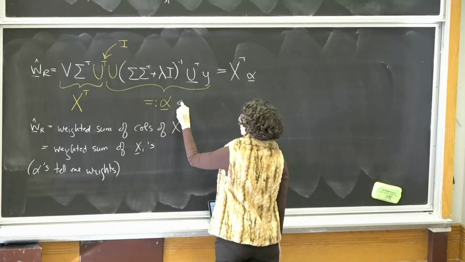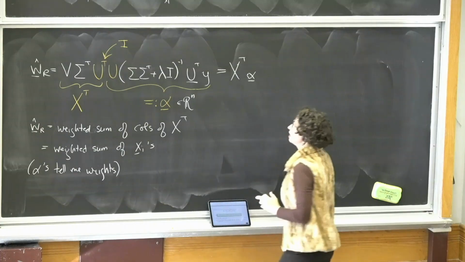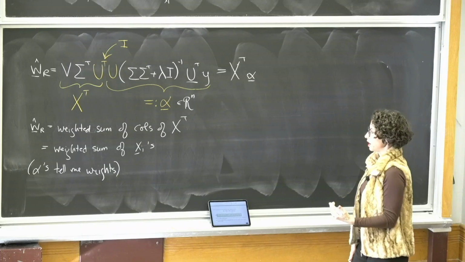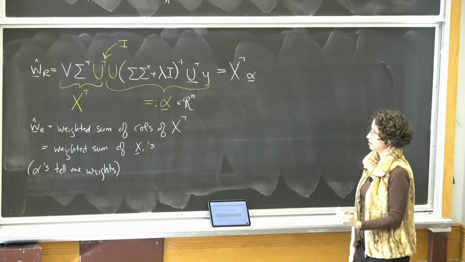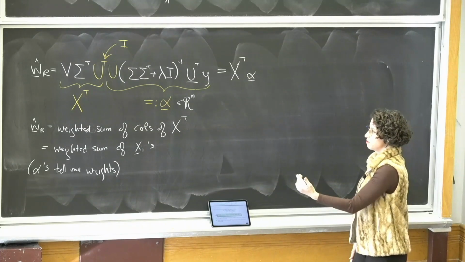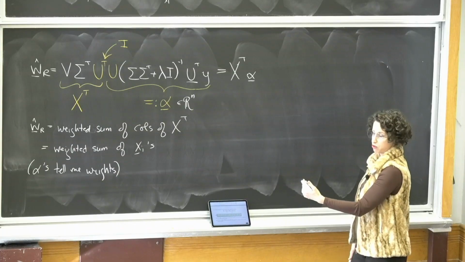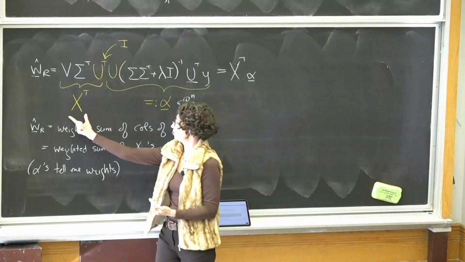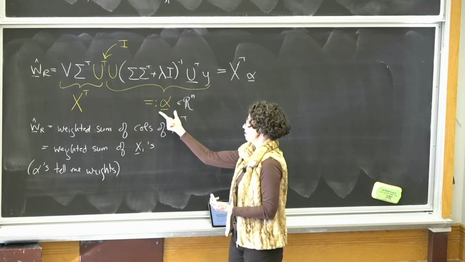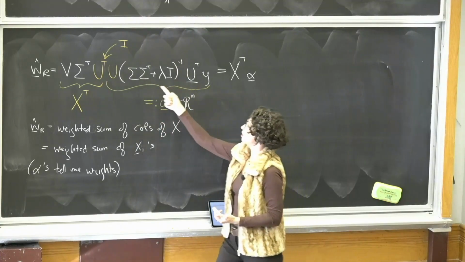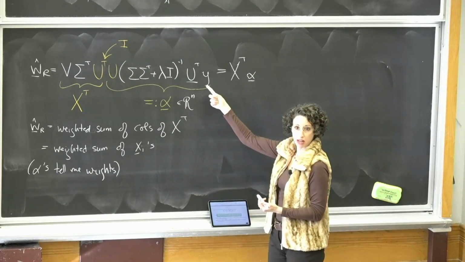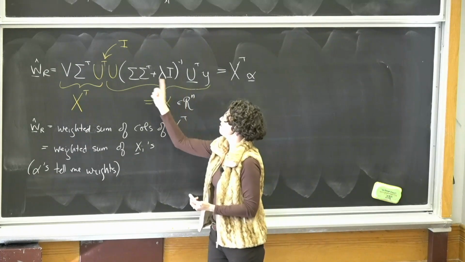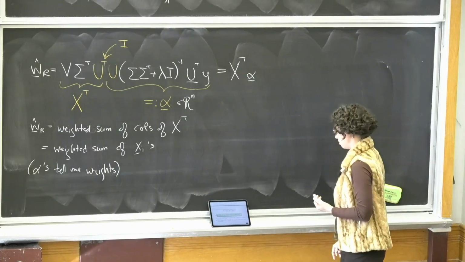So this alpha vector is going to be an n-dimensional vector. So alpha is telling me how much weight to give to each one of my training samples. And then I'm going to write my weight vector for ridge regression as a weighted sum of those training samples. So here are the training samples, and here are the weights assigned to each one of them. And I've got this formula here that tells me exactly how to compute those weights using my training labels and the singular vectors and singular values associated with X.